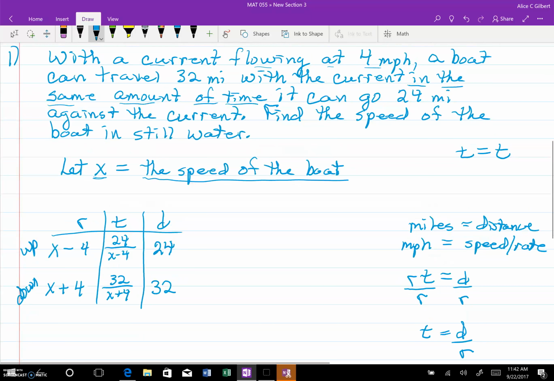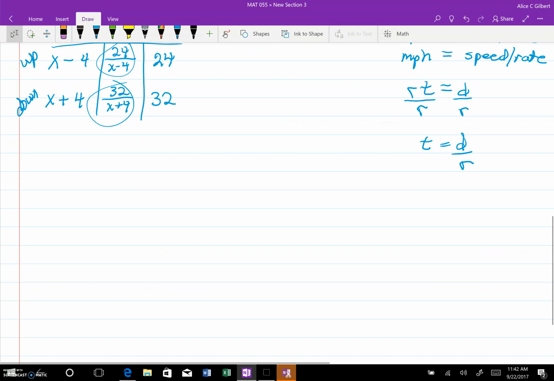And remember it said in the same amount of time. Time equals time. Now I've got time and I've got time, and that is our equation: 24 over x minus 4 equals 32 over x plus 4. Time equals time.